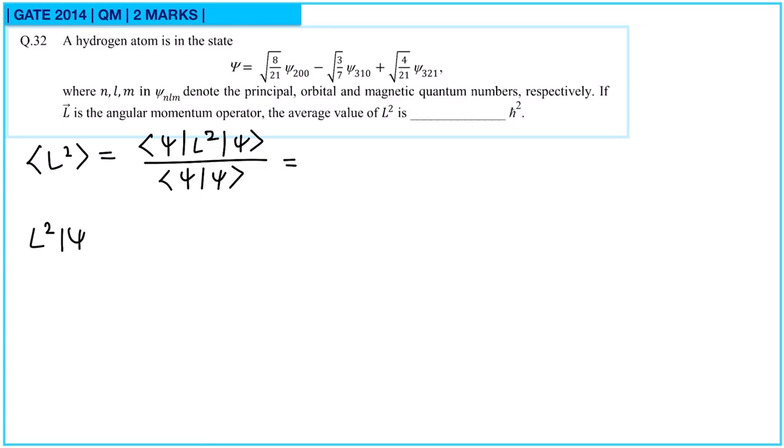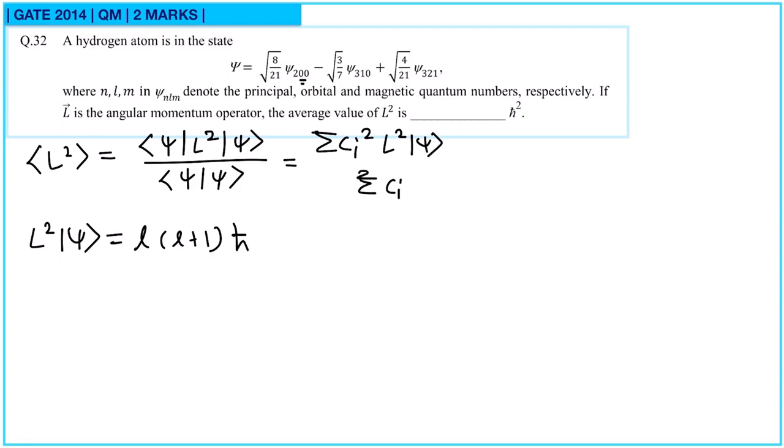Now, L square operated on psi gives us l into l plus 1 into h cut square. Now, in the first case, l is equal to 0, so that will be 0. For the second case, it is 1. So, this can also be written as Ci square, and then you can operate L square on it. L square operated on psi upon summation over Ci square.